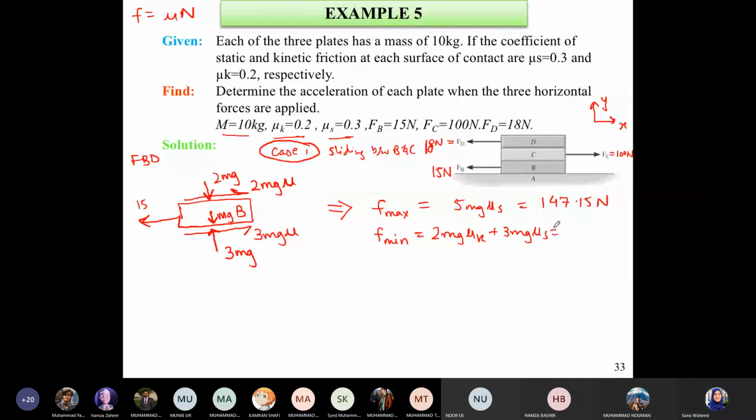Then what do I get? Still then, what does F min turn out to be? Anyone? I think it's 127.5 newtons.